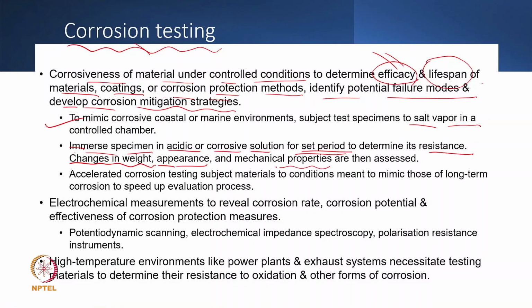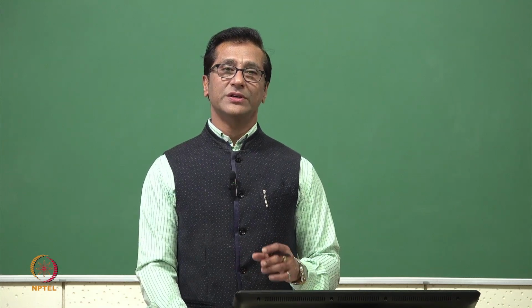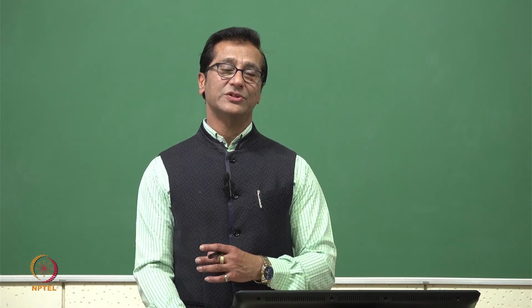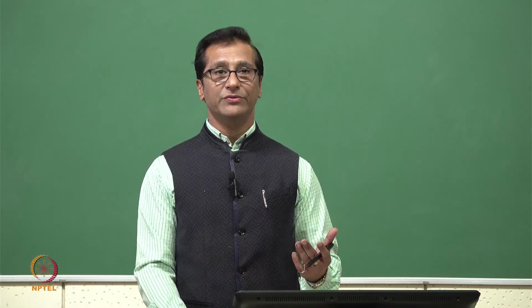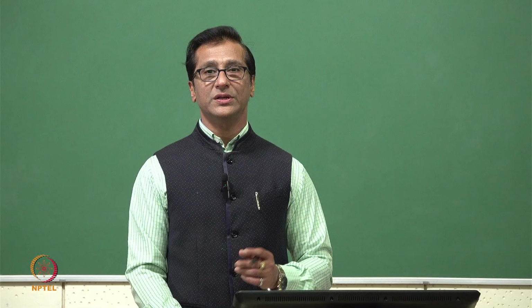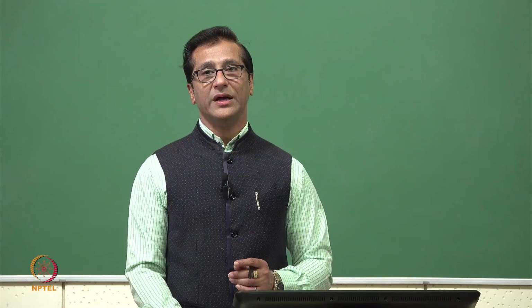One more thing is mechanical property, how the mechanical properties are changing, because we mentioned the tensile stress. If the tensile strength is coming down significantly in a corrosive environment, that needs to be noted. Another one, we say accelerated corrosion testing subjects material to conditions, particularly when we don't want to do the long term corrosion test, we can go ahead with an accelerated test.